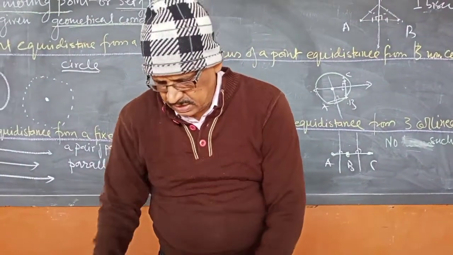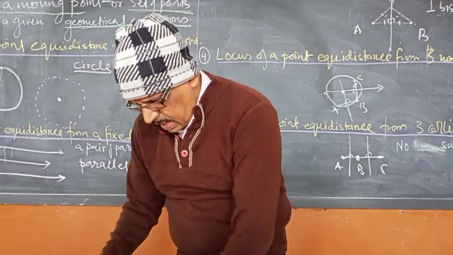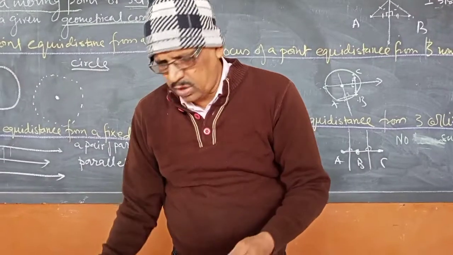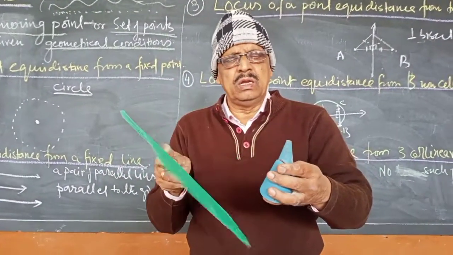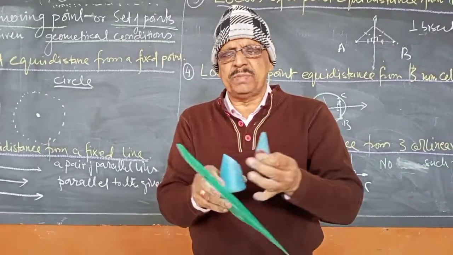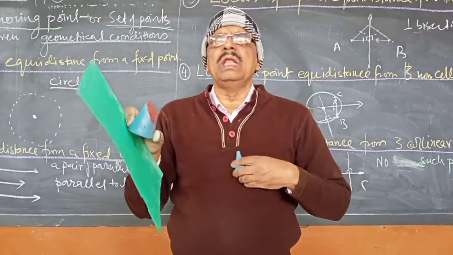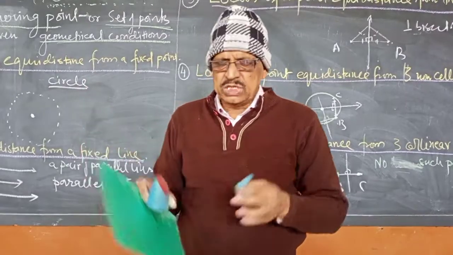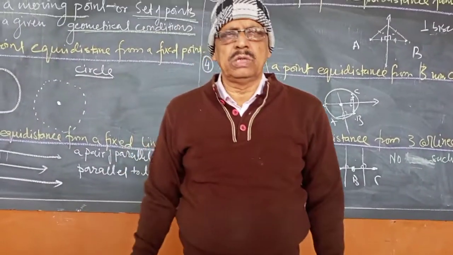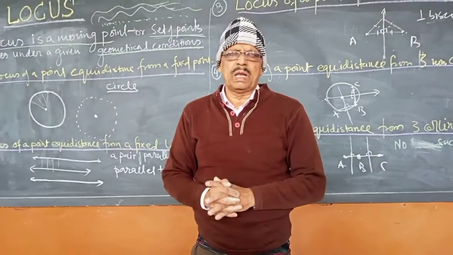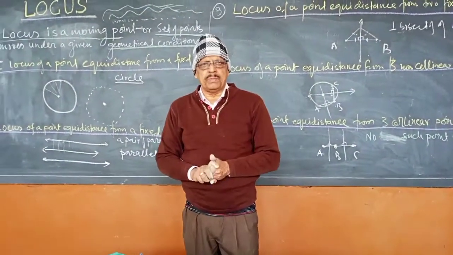And if I cut it at any other angle, not parallel, not perpendicular, not along the generating line, then the shape that is coming is called an ellipse. So these are the different sections of the cone: circle, parabola, ellipse and hyperbola.